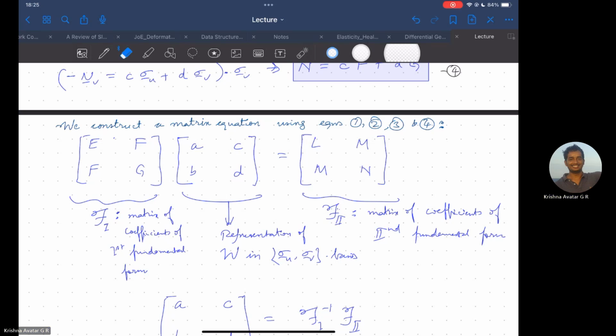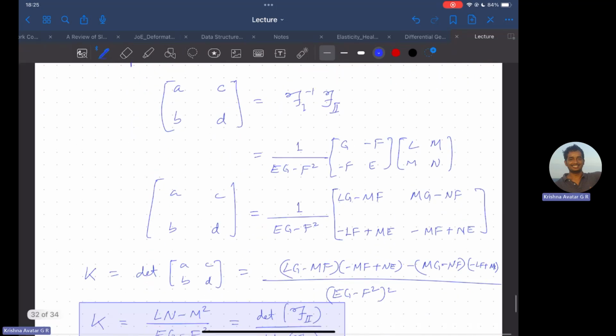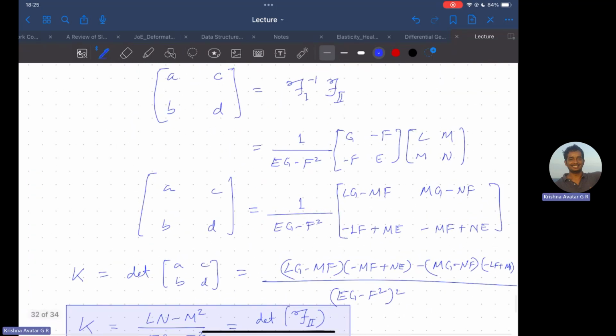Okay, and then we use the usual process of inverting the matrix F1, and this gives our ABCD matrix in terms of the coefficients of the first and the second fundamental forms.